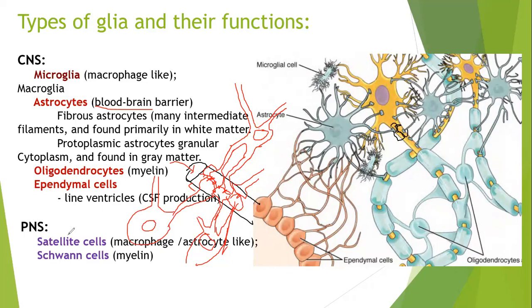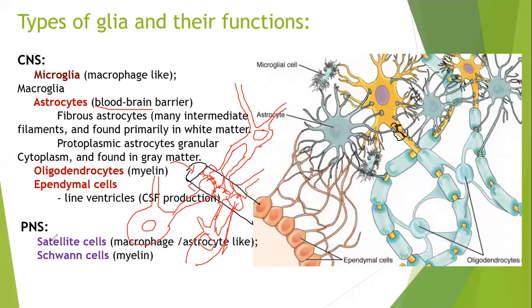Remember that we said satellite cells will form a protective function of the cell bodies in the peripheral nervous system. Can you see that the cell bodies here are naked? So the astrocytes are also giving that protective function on the cell bodies within the brain. So that would be the function that is carried out when they are forming these flattened endfeet, because the way they are, you can see they are flattened here.